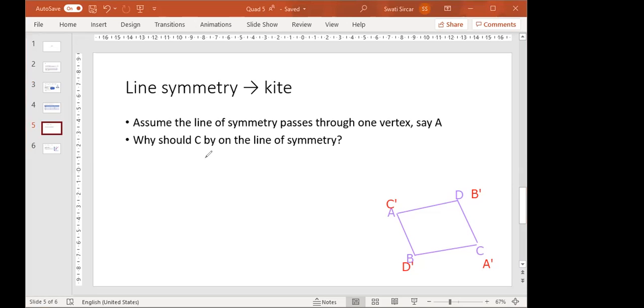So this is the line of symmetry, and A is on this. Now, B and D, which are on either side, have to be on either side, right?